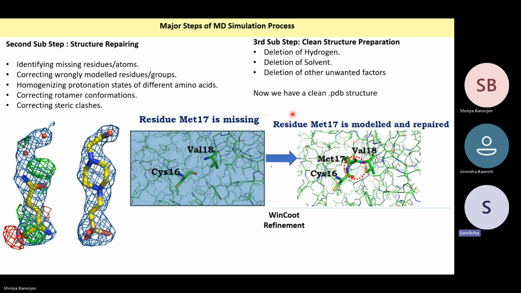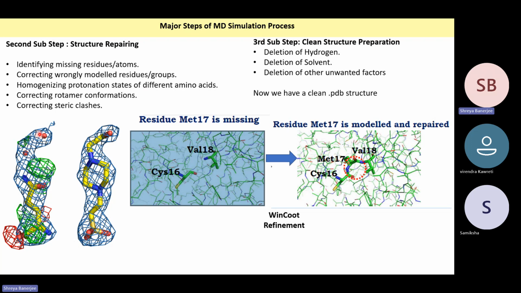Okay, so in this case, which type of protein, like after doing the cryo-electron microscopy and all, suppose you have a new protein. You have done some experiments, and after the experiments you are going to do the simulations. You have not yet deposited any structure in the Protein Data Bank.